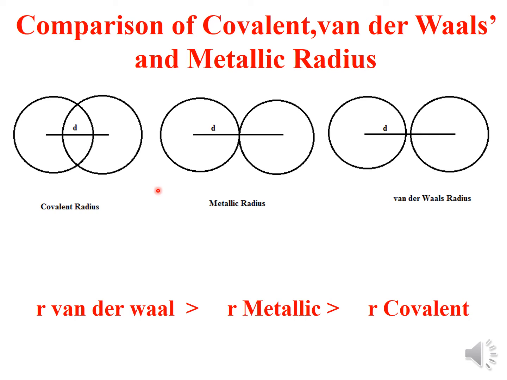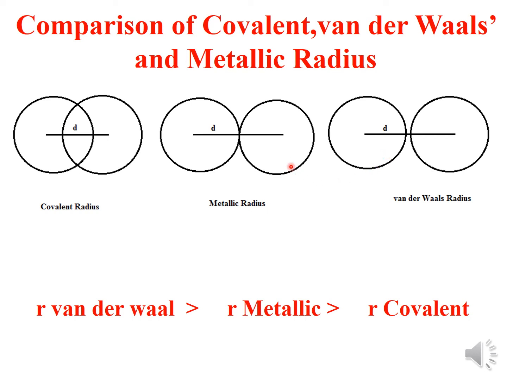In case of metallic radius, there is no overlapping. So metallic radius is one half of this distance. In case of van der Waals radius, there is a gap between two atoms. So one half of this distance is the van der Waals radius. So it is clear from this diagram that van der Waals radius will be greatest because there is a gap between two atoms.